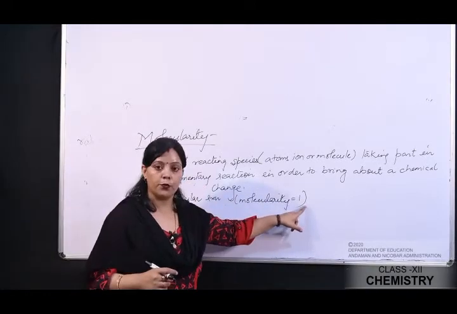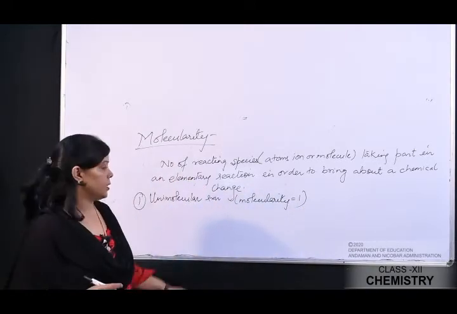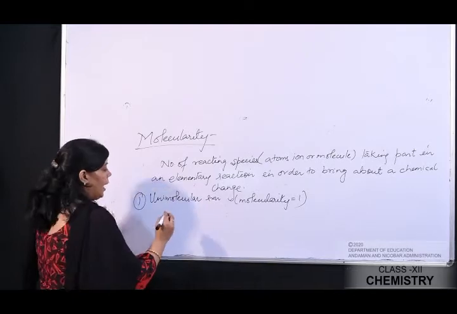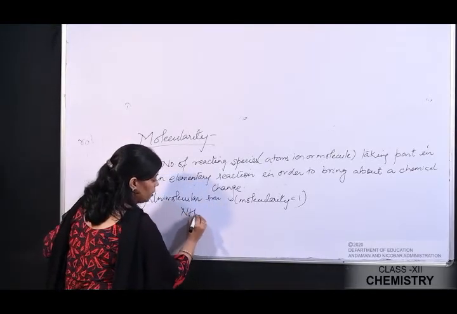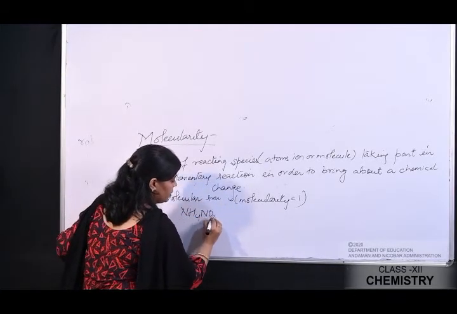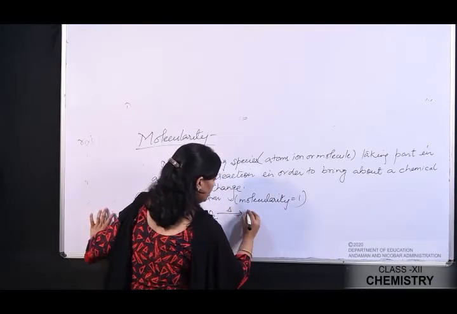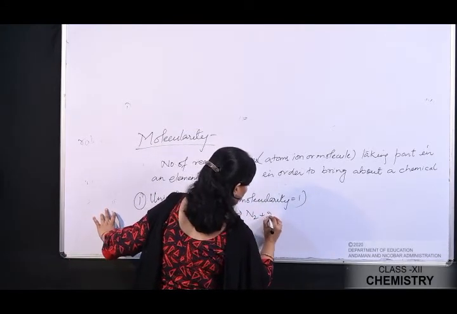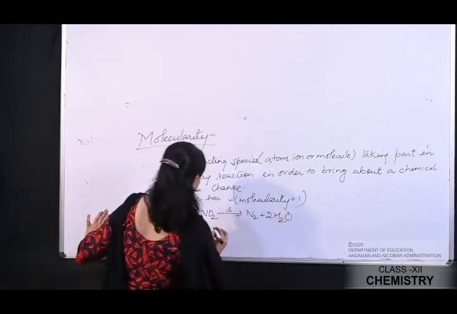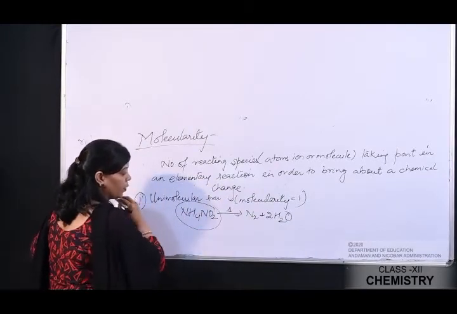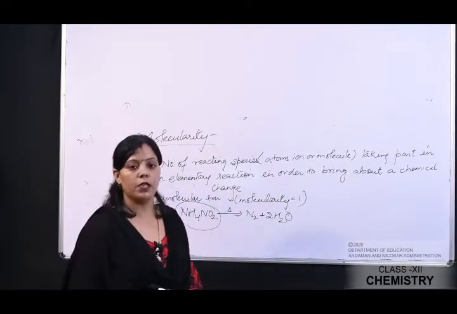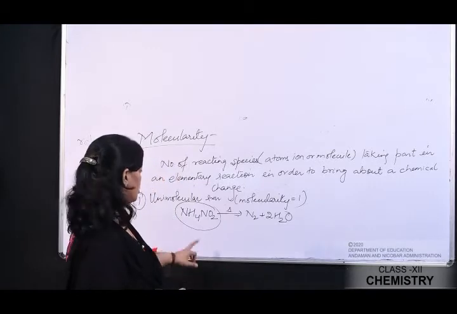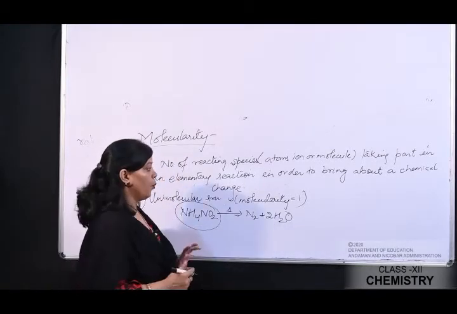The reactions are classified on the basis of molecularity. When the molecularity is 1, the reaction is named a unimolecular reaction, and the example is the thermal decomposition of ammonium nitrite to give nitrogen plus 2 moles of H2O. Here you can see that only one reacting molecule is involved in the chemical reaction, so the molecularity of this reaction is 1.